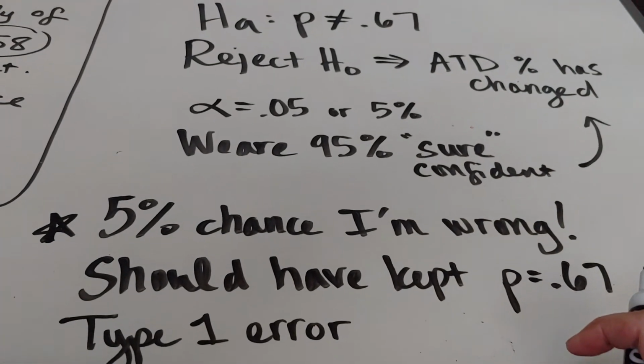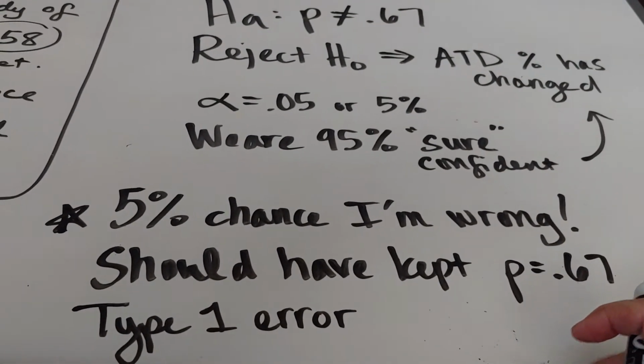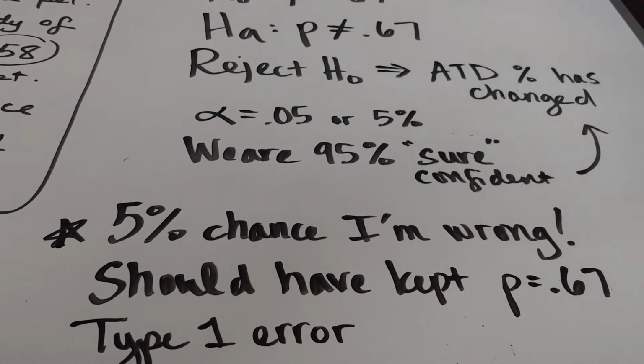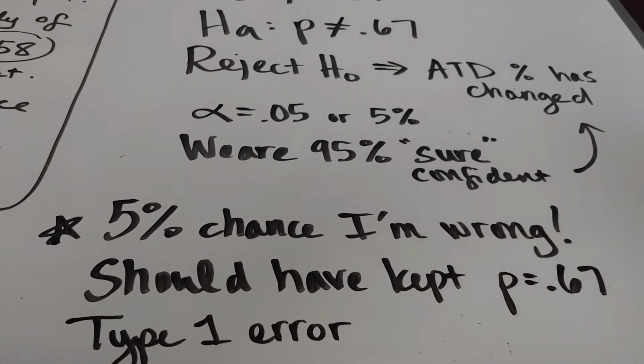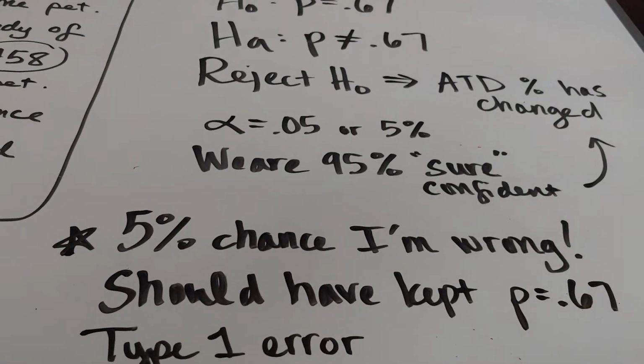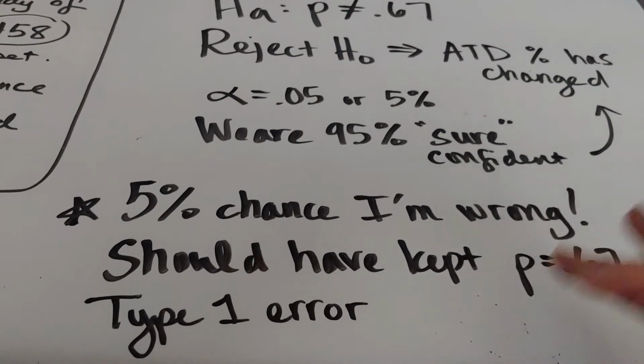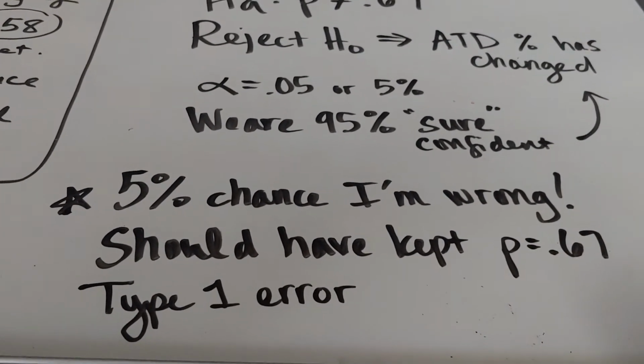If we had a different problem where I kept the null from the beginning, like I'm 95% sure I kept the null when I should have rejected it, that's called a type 2 error.